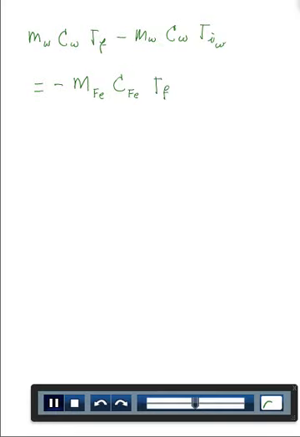So I have mass water, specific heat of water, times T final minus mass water, specific heat of water, T initial for water, and that equals negative mass iron, specific heat iron, T final, and then I have minus a negative mass of iron, specific heat of iron, T initial of iron.